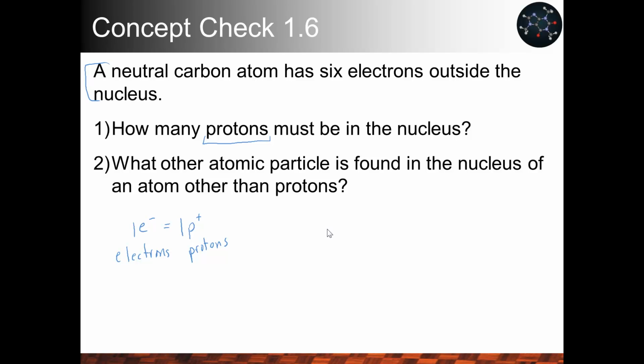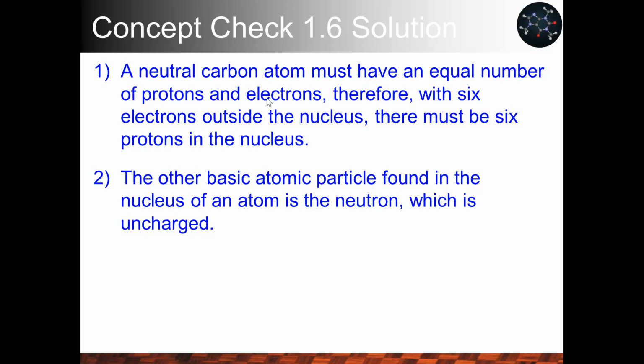So you pause it, write it down, you think about it, we go on. If it's neutral, meaning that there's no unequalness of plus and negatives, 6 electrons means that there's 6 protons. Otherwise, it won't be balanced and the whole thing will be slightly positive or negative.